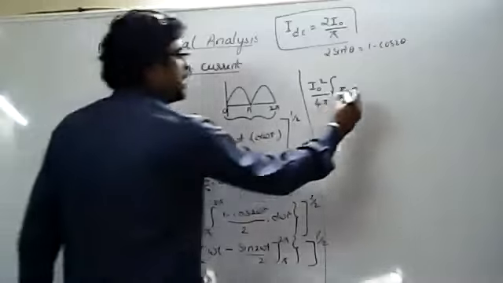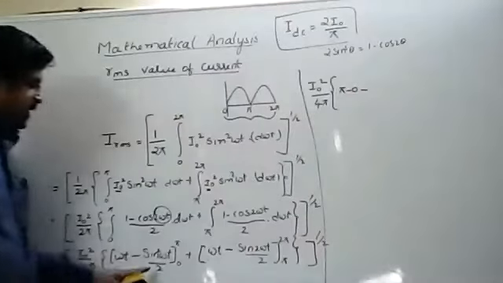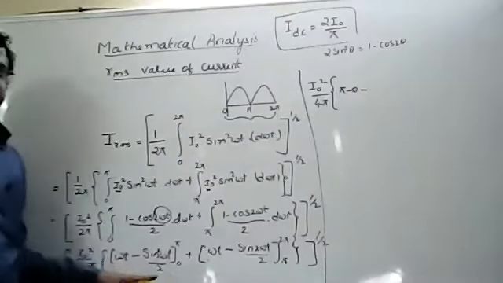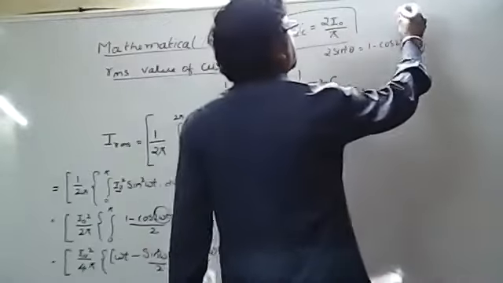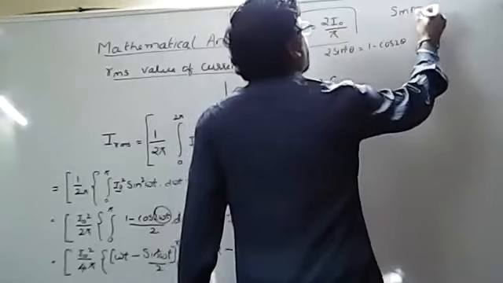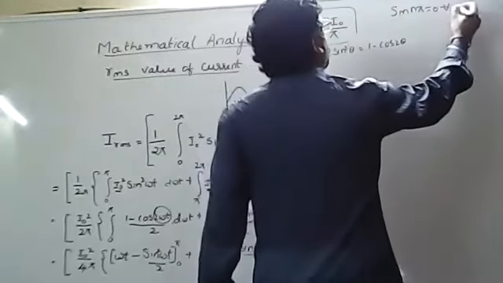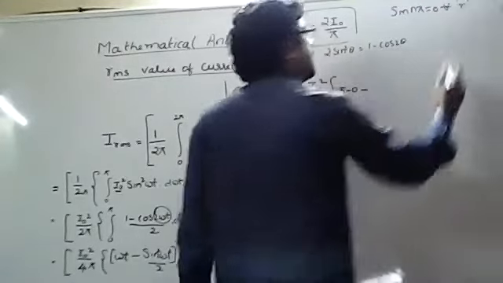Then minus sine 2 omega t. For sine 2 omega t, you have a formula that sine n pi is equal to 0 for all values of n.